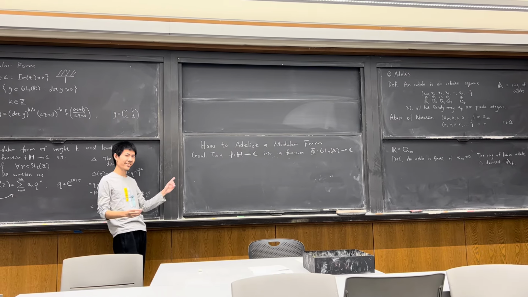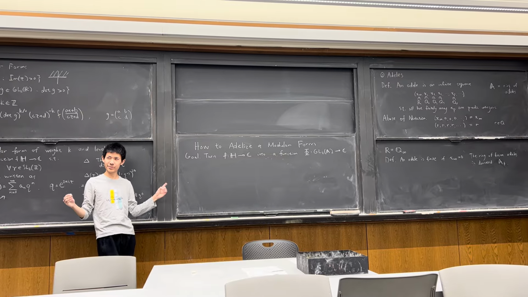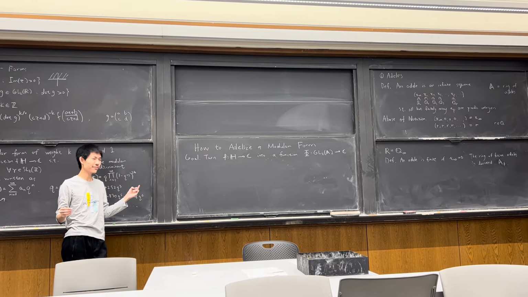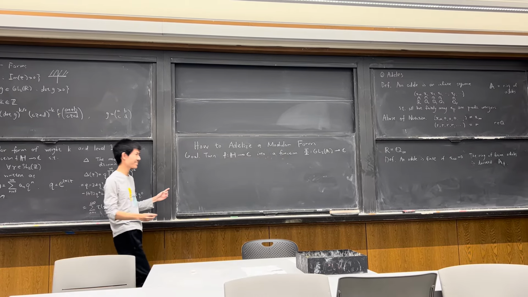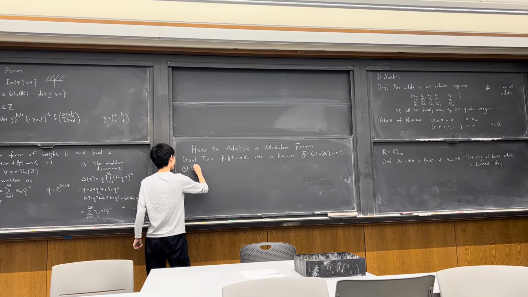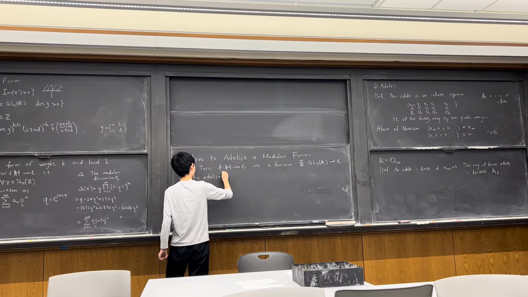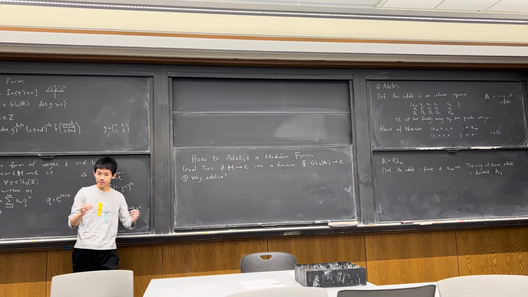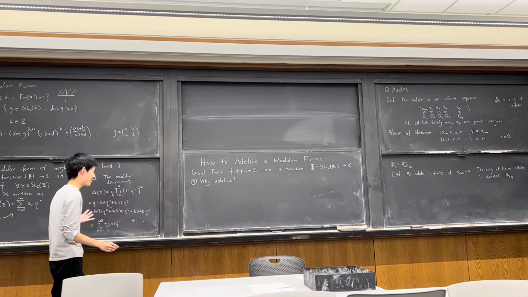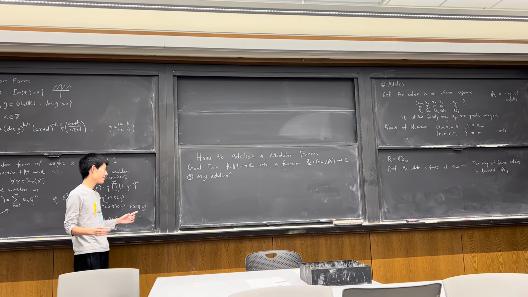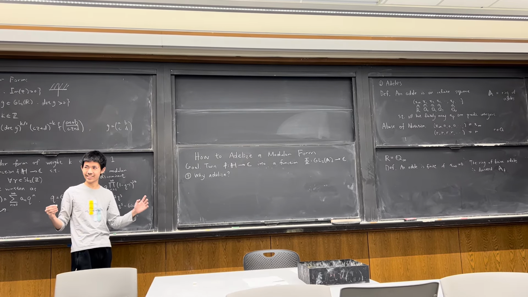Before I can do this though, I must first explain why I am doing this, because I guess that's even more important than explaining how to do this. So why adelize? Well, I guess another question is, why do we care about modular forms at all? And I have not really explained this.